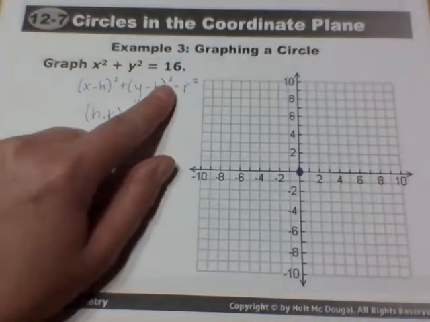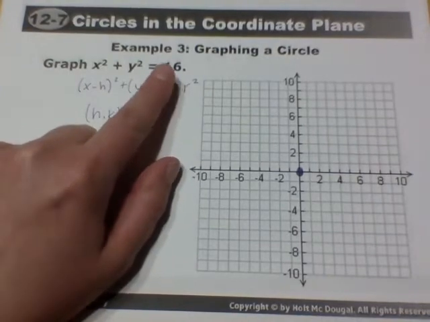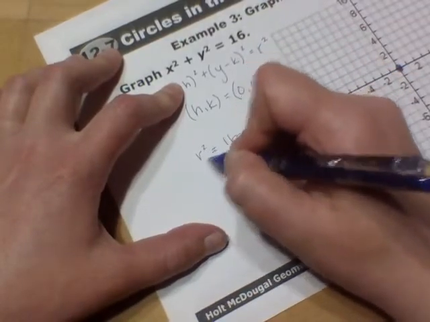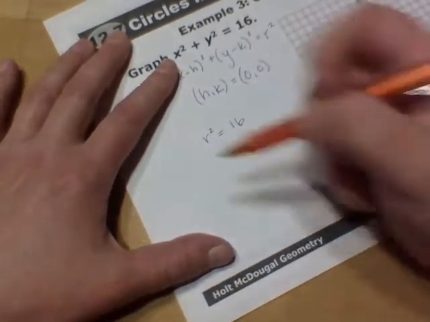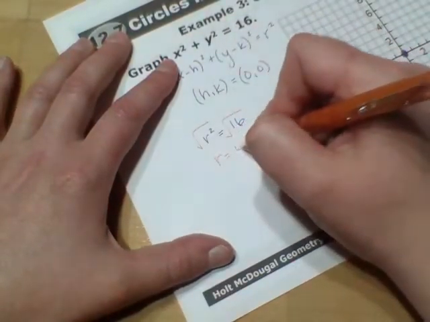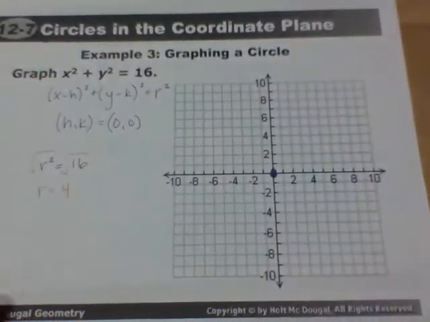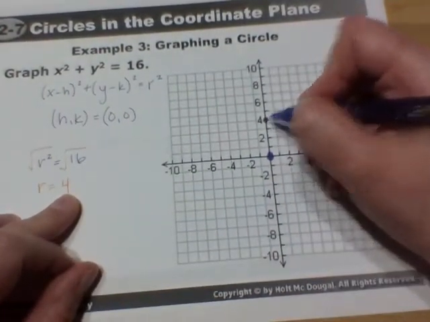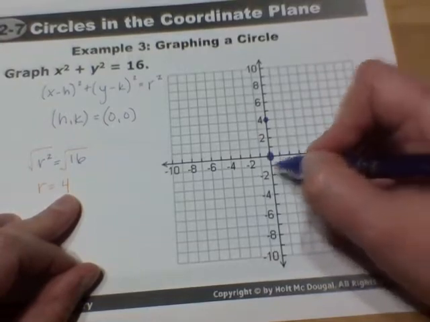Okay? Then be careful with this 16, because you might think, okay, the radius is 16, but the radius squared equals 16. So if we square root both of those, that means that our radius is actually 4. So how do you graph that? You're going to go from this dot out 4, and even this one out 4, and this one out 4.